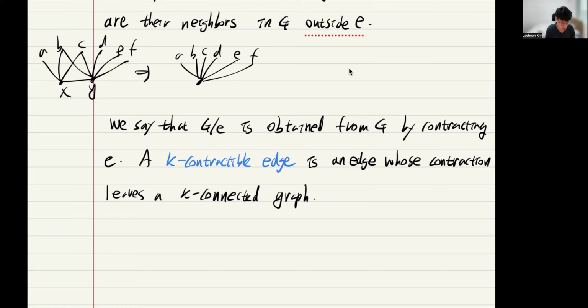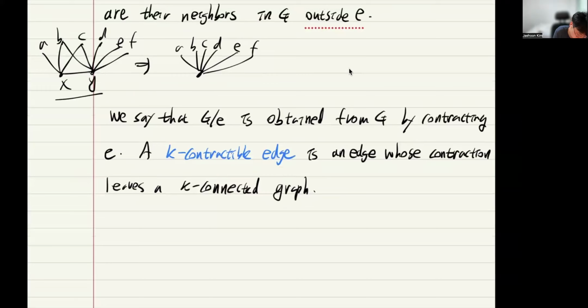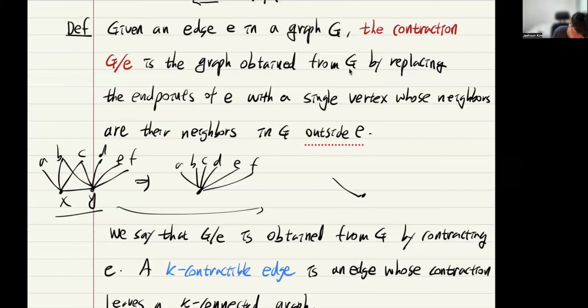In some contexts, when we are more keen on how the edges change, we might want to define this contraction in a slightly different way, by specifying not just neighbors, but replacing the endpoints with a new vertex which is incident with all the previous edges.